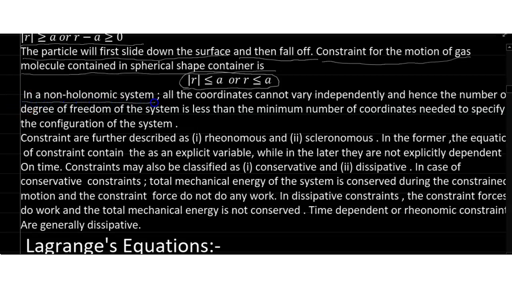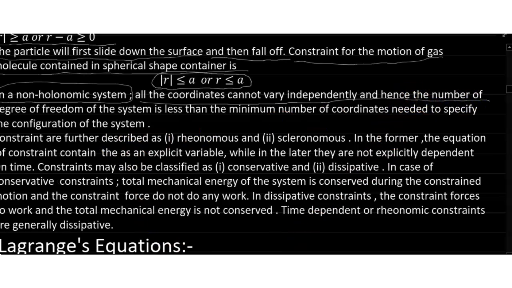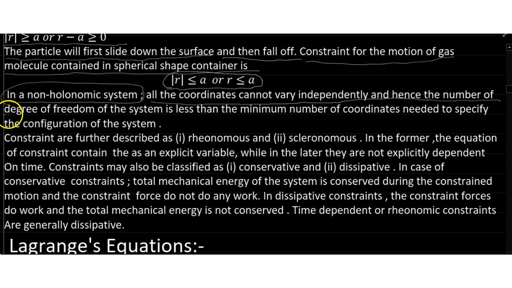In a non-holonomic system, all the coordinates cannot vary independently. Hence, the number of degrees of freedom of the system is less than the minimum number of coordinates needed to specify the configuration of the system.